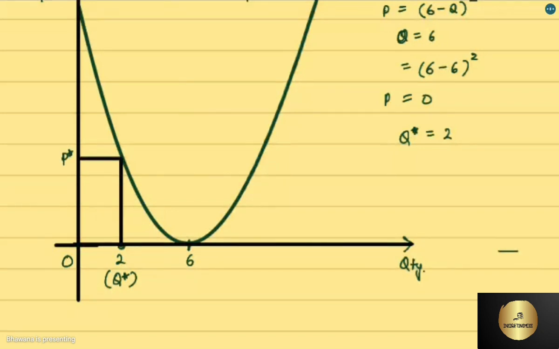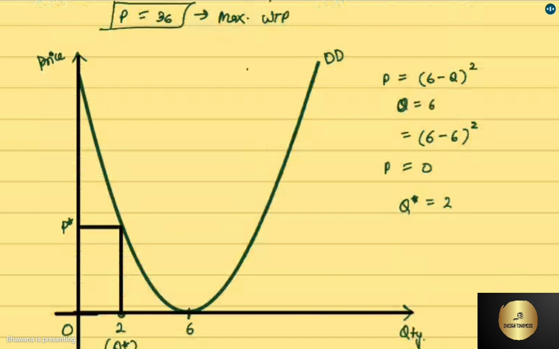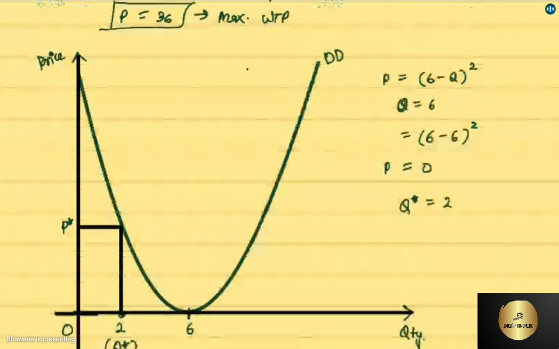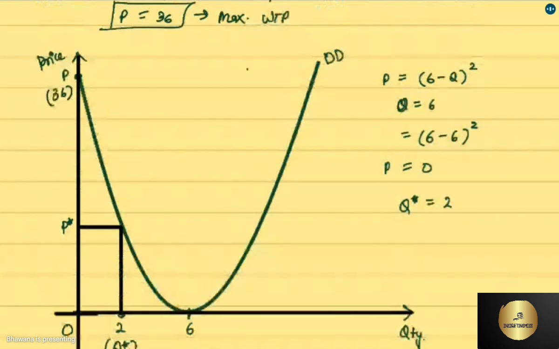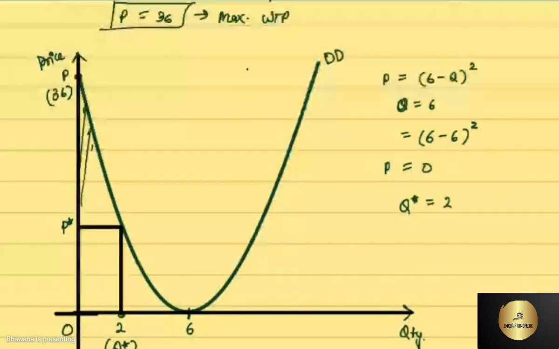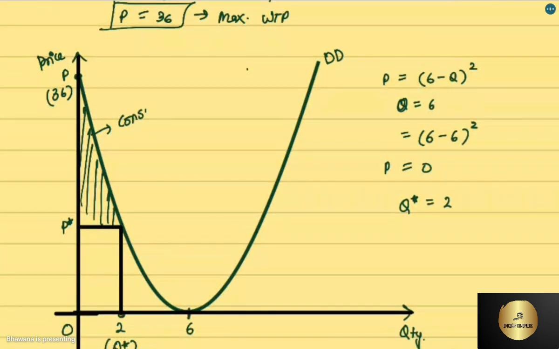So this will be your p star, and you got your p, which is equals to 36. You have to find p star, and this particular triangle is your consumer surplus. Okay, this is your consumer surplus. So you have to find the area of this particular triangle.